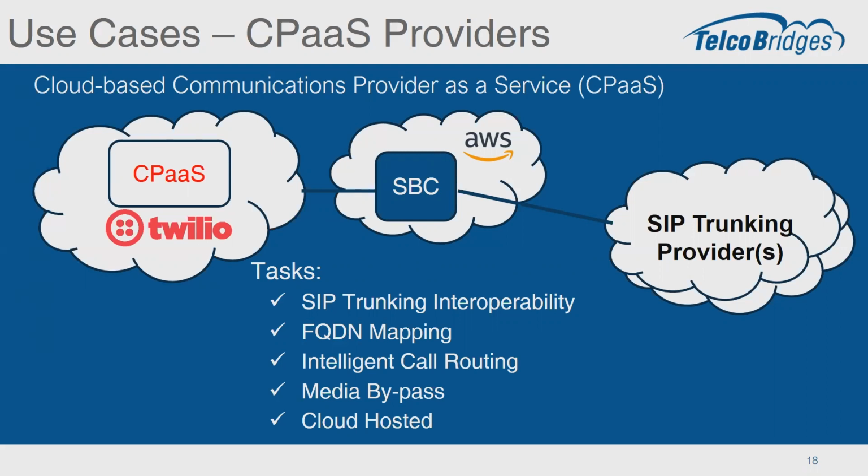Intelligent call routing, certainly, if calls coming out of the Twilio platform for an outbound application route into the appropriate SIP trunking provider, and also supporting media bypass, which we talked about earlier, and of course how important that is in scaling and managing the cost of operating the software in the AWS environment. And of course, last but not least, it is cloud hosted, so that it can stand alone in the AWS environment.